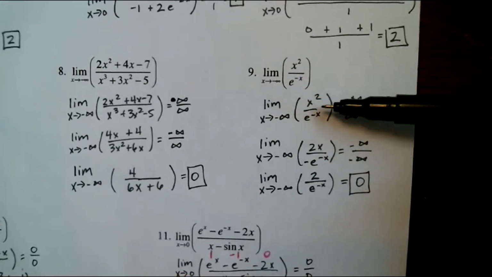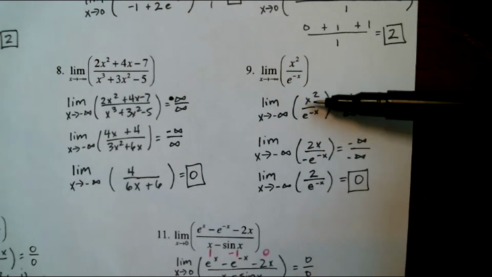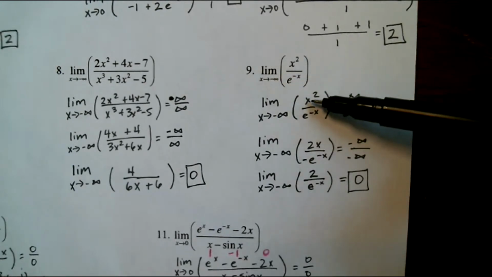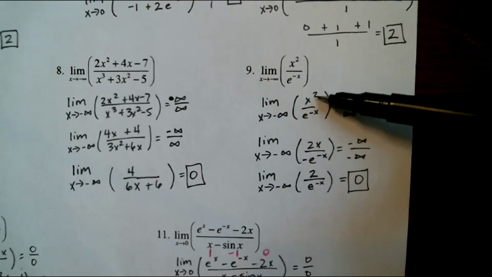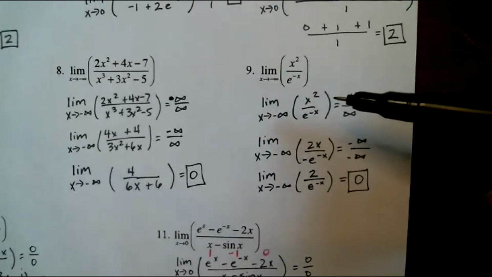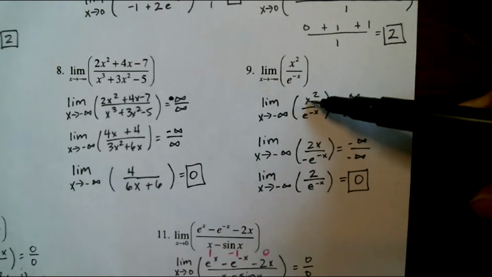The first step is to plug a very large negative number in here. Think about negative 100, or let's do something we can actually calculate, let's just do negative 5.